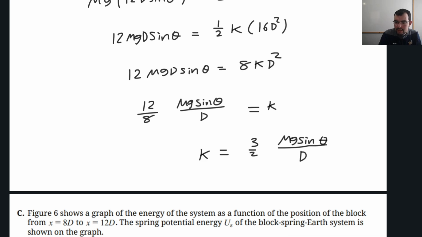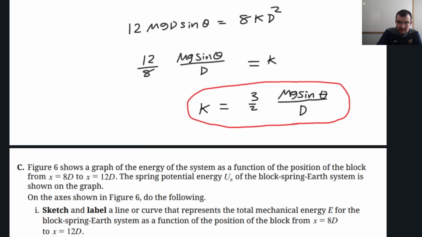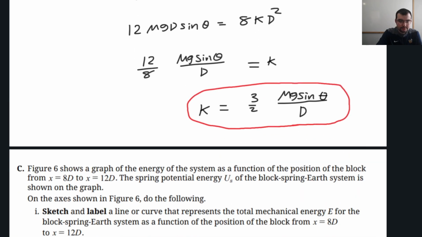And we know that by unit analysis this works out because mg sine theta is a force and d is a distance. So a force by a distance is a spring constant, Newton per meter. So everything looks good here.